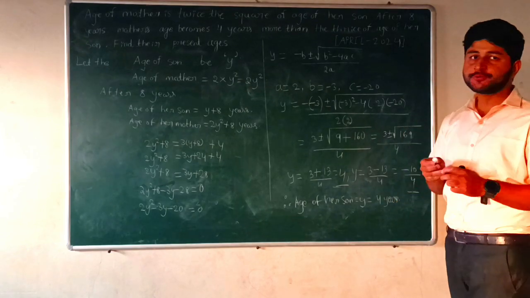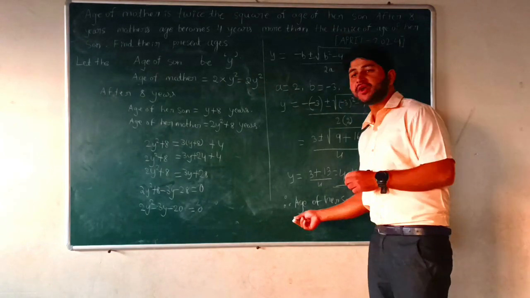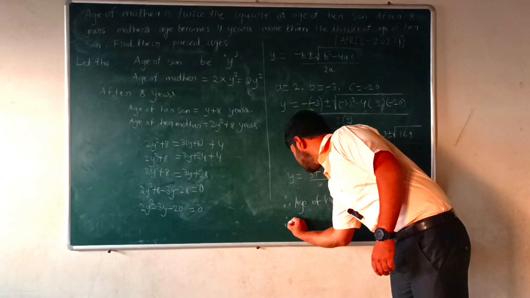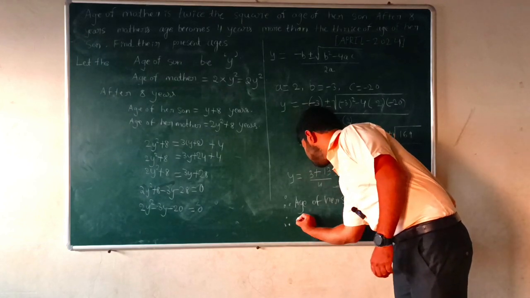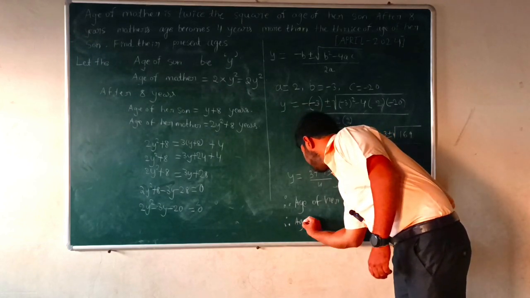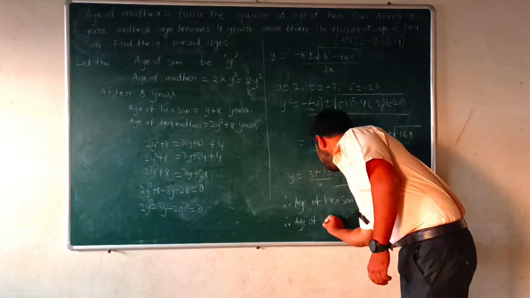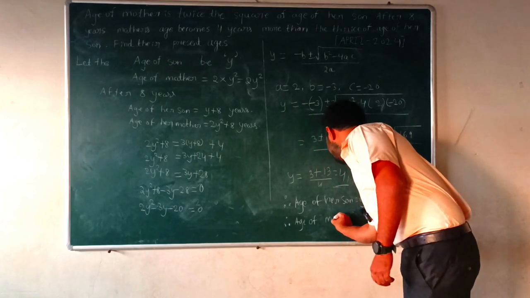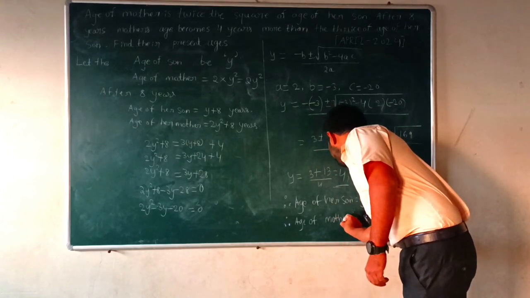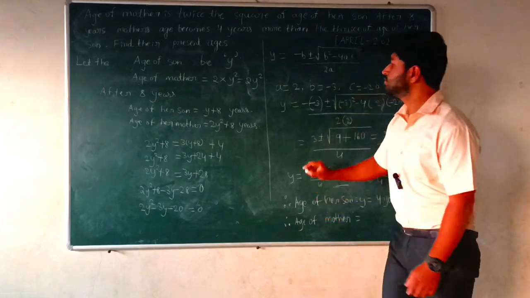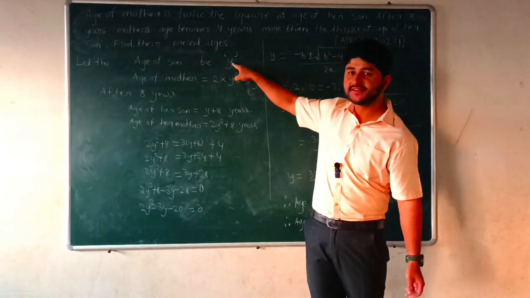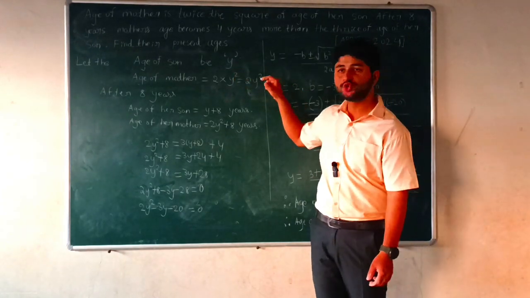So if we know the age of her son, we can easily find the age of his mother. So the age of mother is equal to, of course we know here that if the age of the son is y, the age of mother is 2y squared.